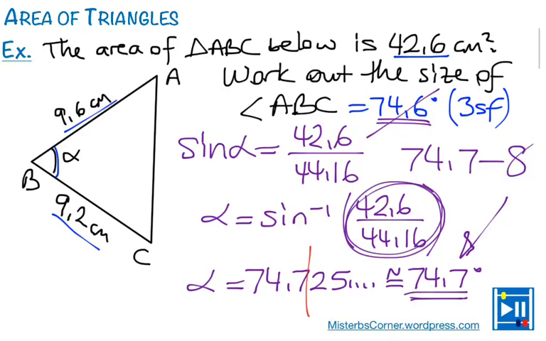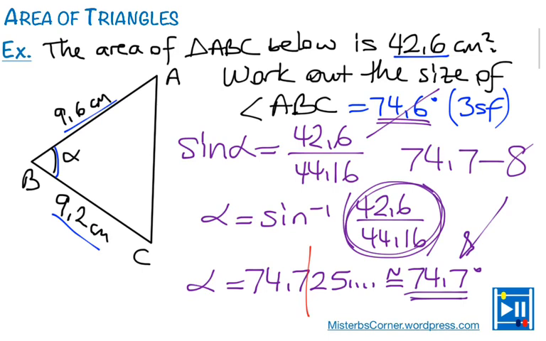Right. Now there could be problems which require using sine rule or cosine rule together with the area. Or it could be sine rule and cosine rule and the area of triangle. So, I mean, it could be anything.